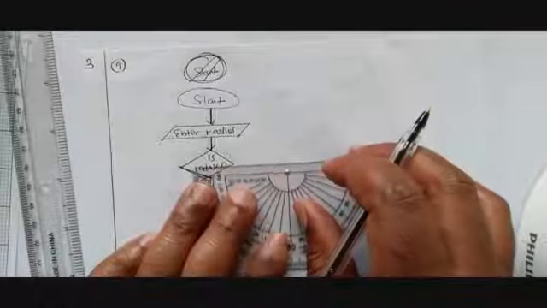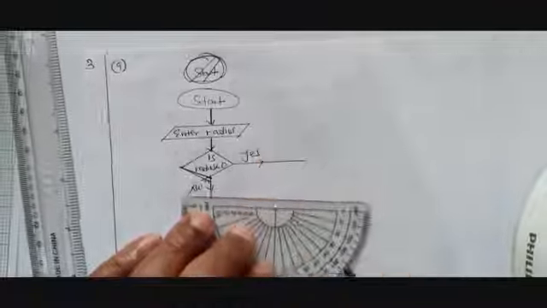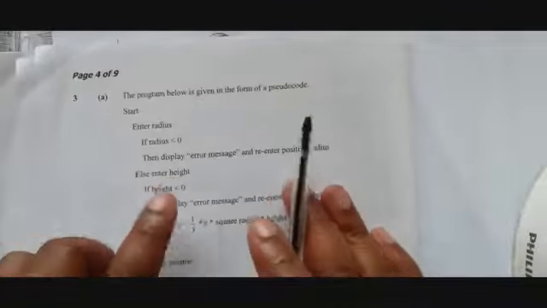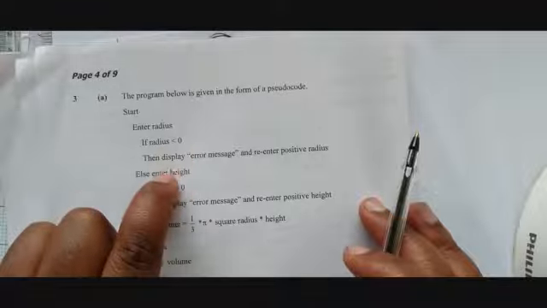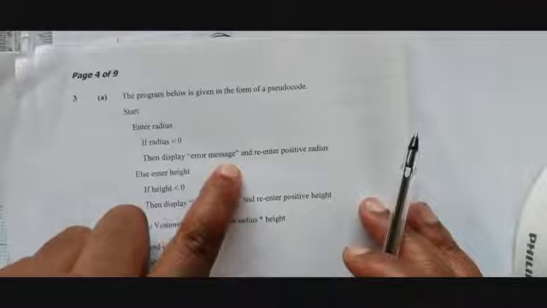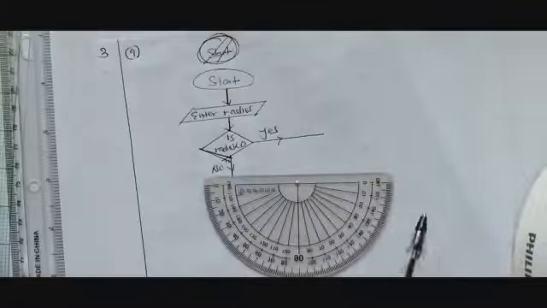We can take this route and say yes. If we have observed that the radius is less than 0, then we need to display error message and re-enter positive radius. So we'll come this side and say we display error message.